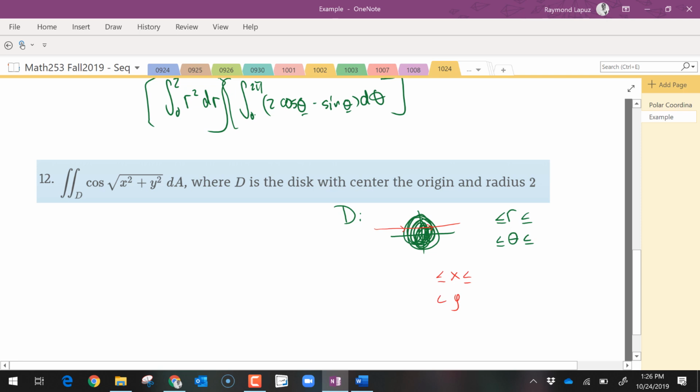And then I'll have y limits that are constants. So if you were to do it using Cartesian coordinates, what's your lower limit going to be going into the function? Negative what?